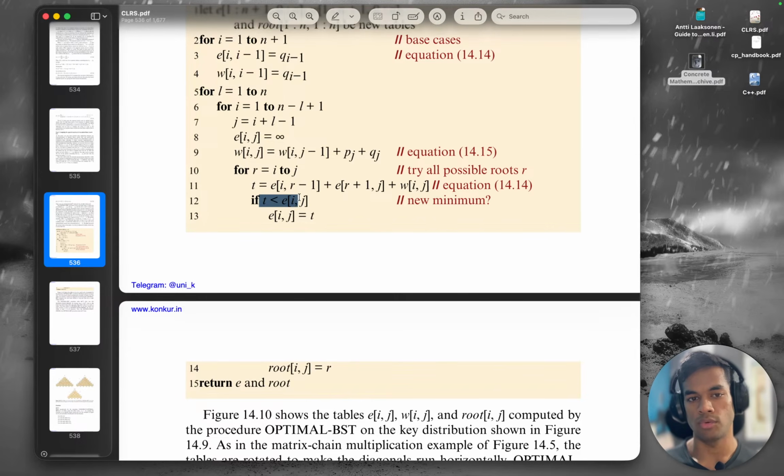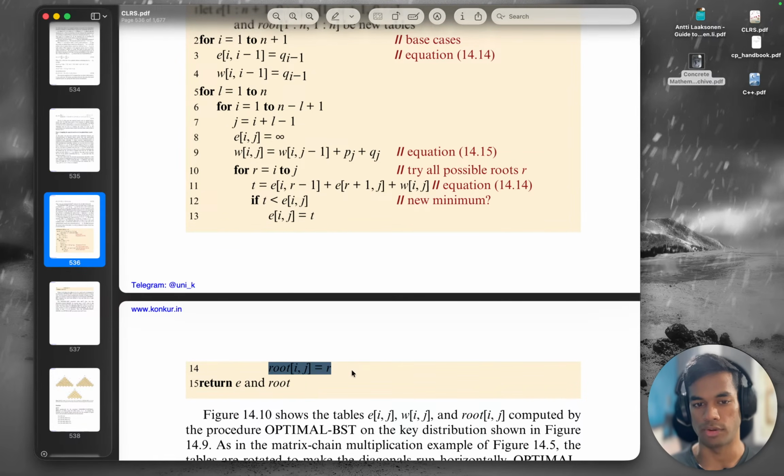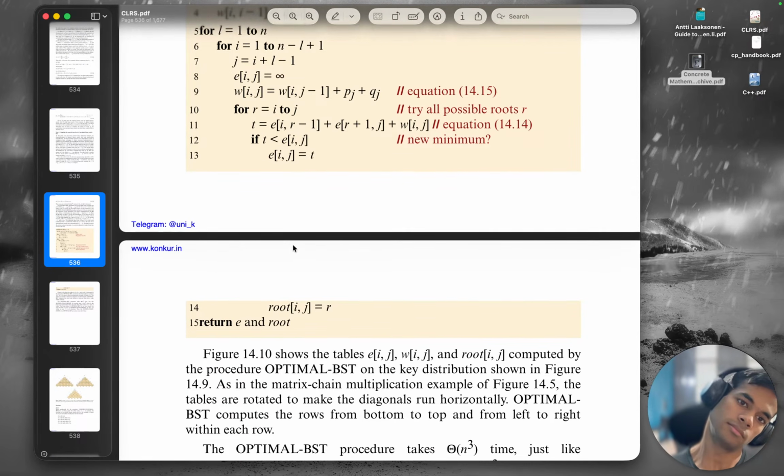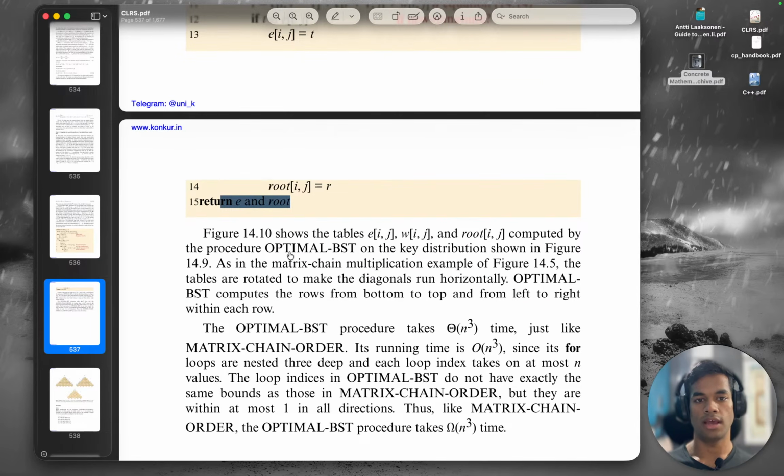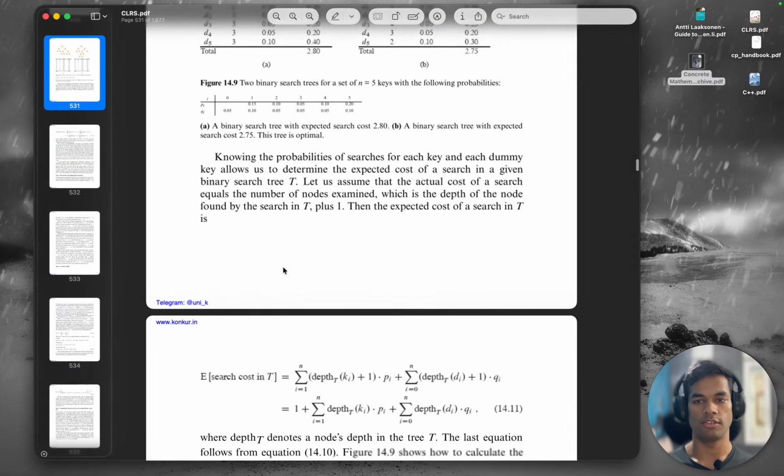If we find a value lower than whatever we have already chosen, which is e[i][j] equal to infinity at the start, that is, a binary search tree whose cost is smaller than the one we currently have, then we first update our binary search tree's expected cost value, and also we update the root function to include that root r value, which gave us this optimal solution. And then return e and root at the end. That is nice.